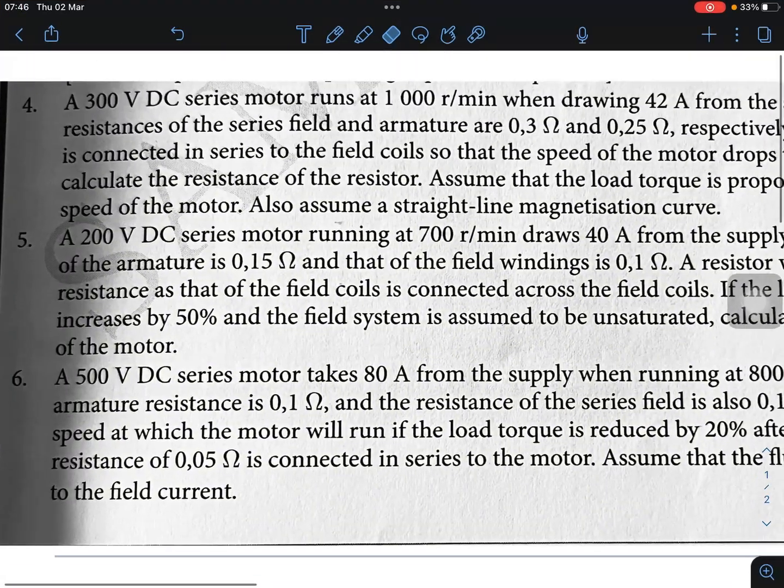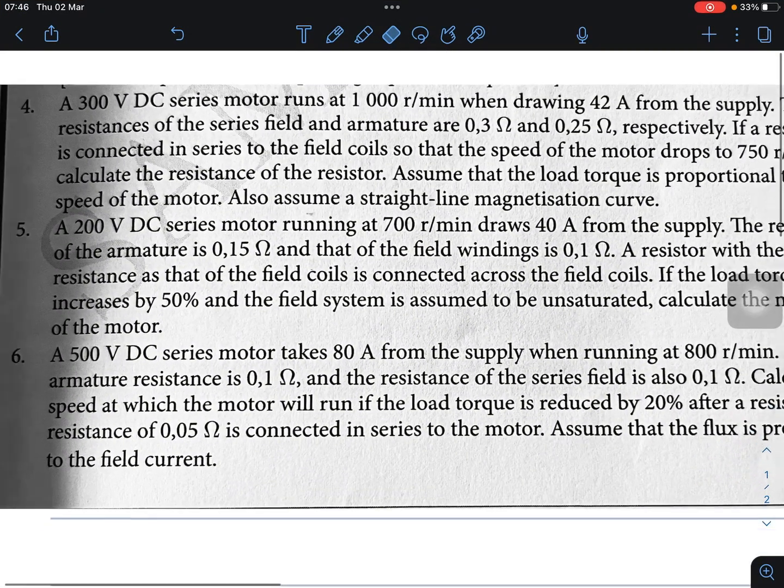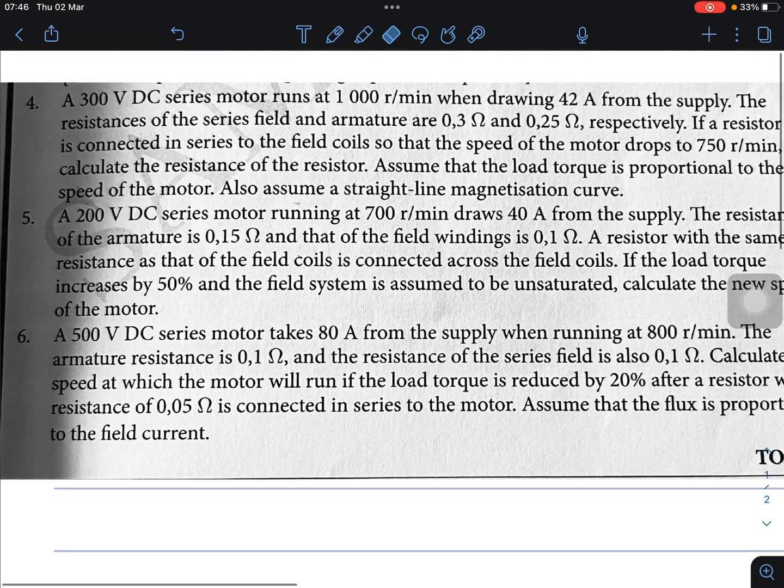Okay guys, we're going to do a question on the series motor now. You will see how we perform these calculations using those formulas that I showed and explained to you. So I'm going to start with question 4. It says a 300 volts DC series motor.